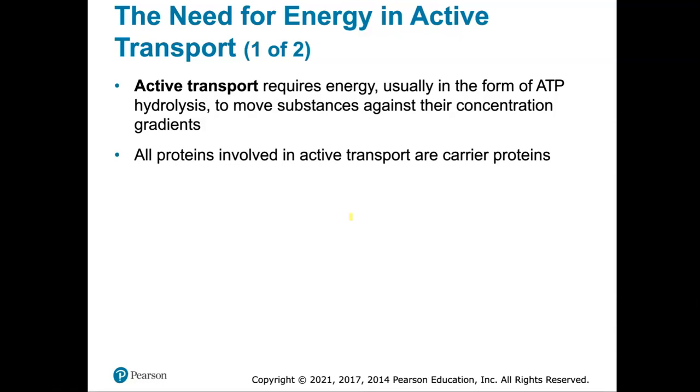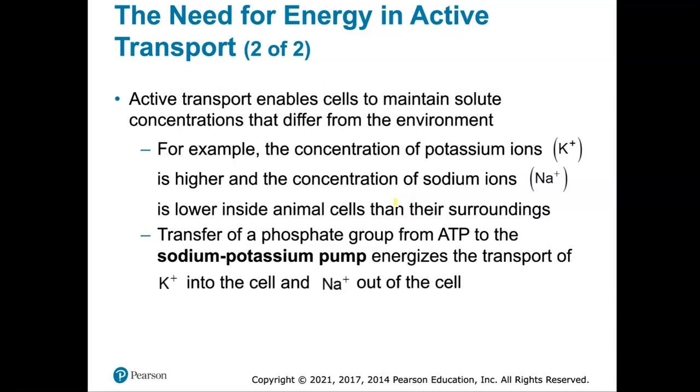Okay? So active transport always requires energy, usually in the form of ATP, and it will involve carrier proteins, which when they're used for active transport, a lot of times we call them pumps. So an example of active transport in cells is the sodium-potassium pump.